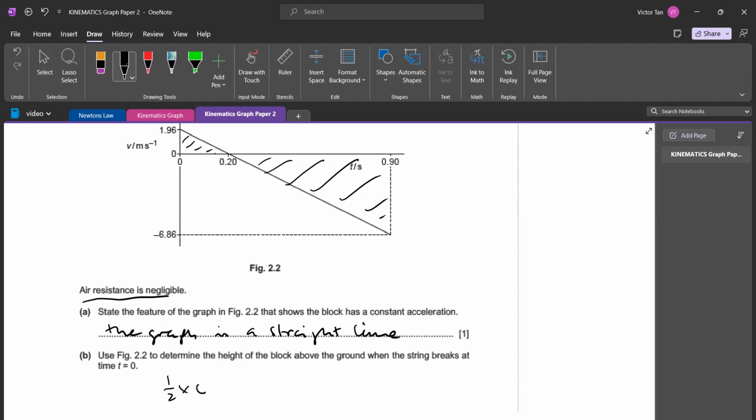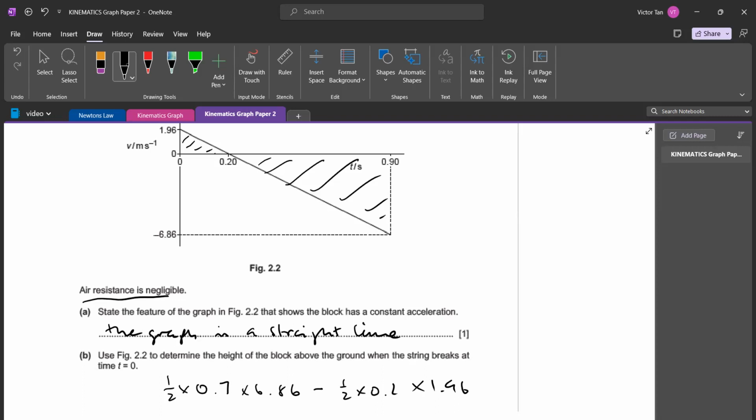So it's half times 0.7 times 6.86 minus half times 0.2 times 1.96.